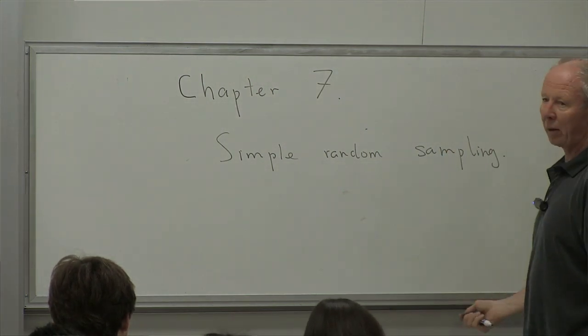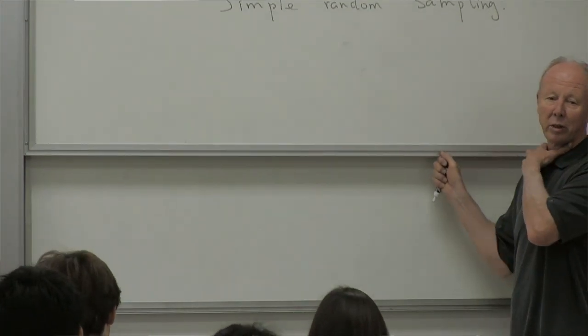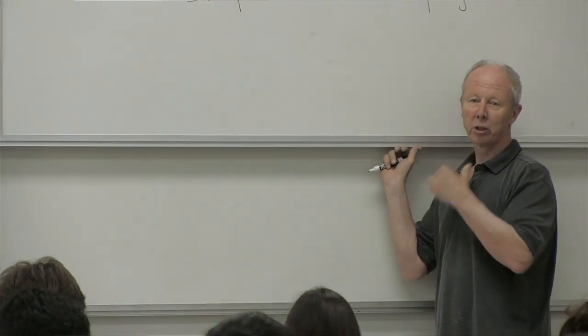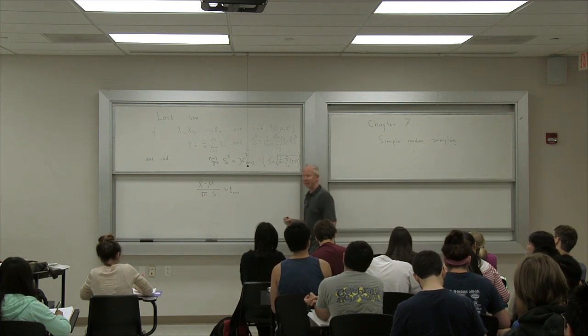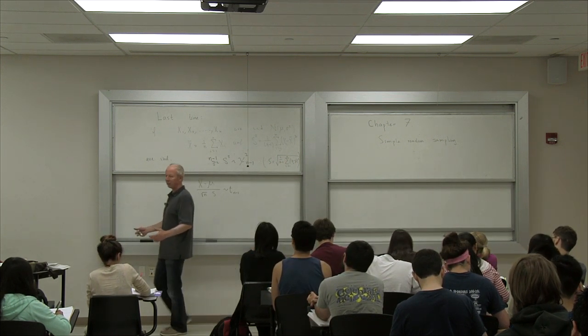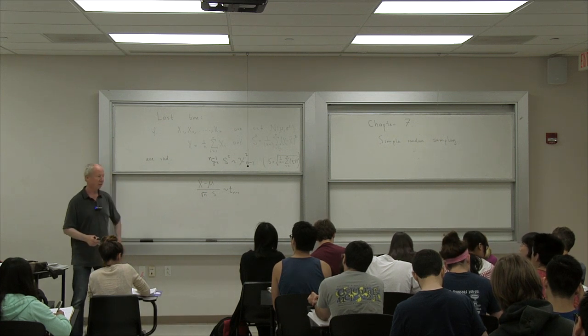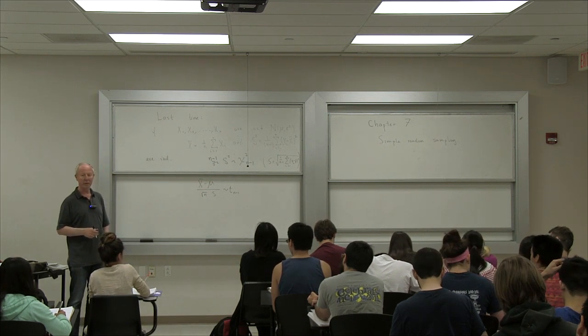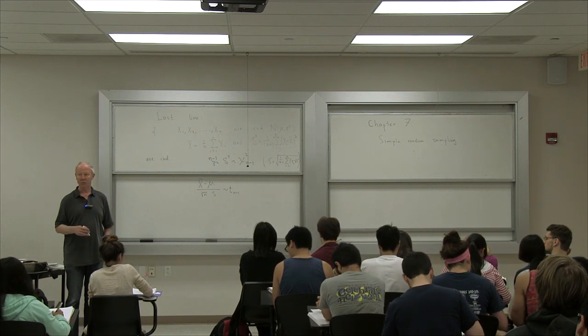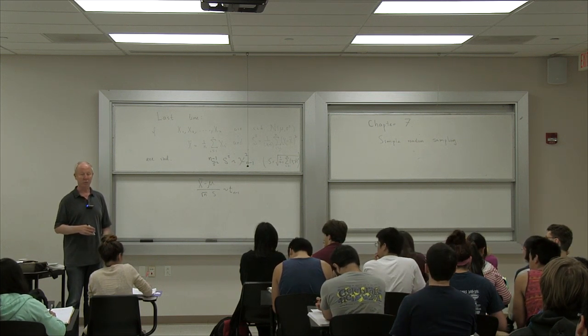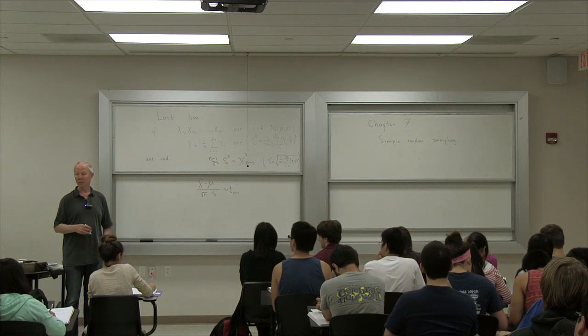So we sample from a population. Population could be a bag of chocolate chips. It could be a bag of M&Ms. It could be a bucket full of bolts, and you want to maybe measure their strength or size. It could be the students at a university, the students in this room. It could be voters.